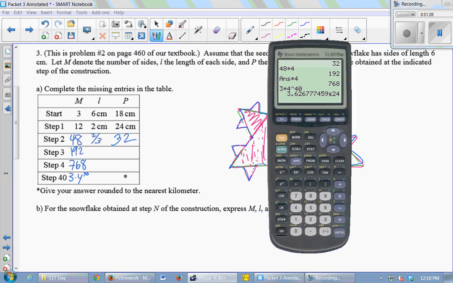Okay, now when I look at the length of each side, 6, 2, 2/3, I'm calculating those numbers by taking the previous side and dividing it by 3. So dividing by 3 or multiplying by 1/3, whichever way you want to think of it. What's a third of 2/3?